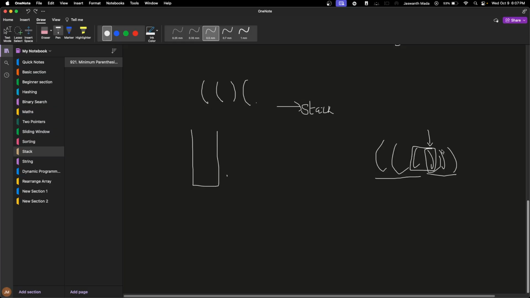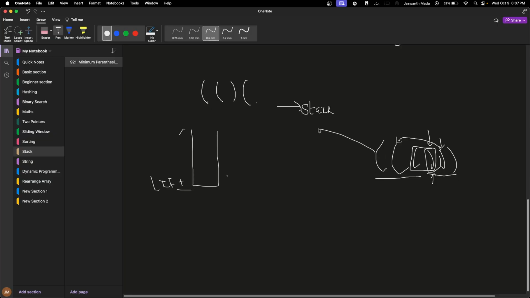And when I come here, I can map this with this thing. I cannot map this thing with this thing, right? So if you observe carefully, for every right parenthesis, we need the most recent left parenthesis. So where can we get the most recent left parenthesis? We know that the stack is last in first out, right? Last in first out.